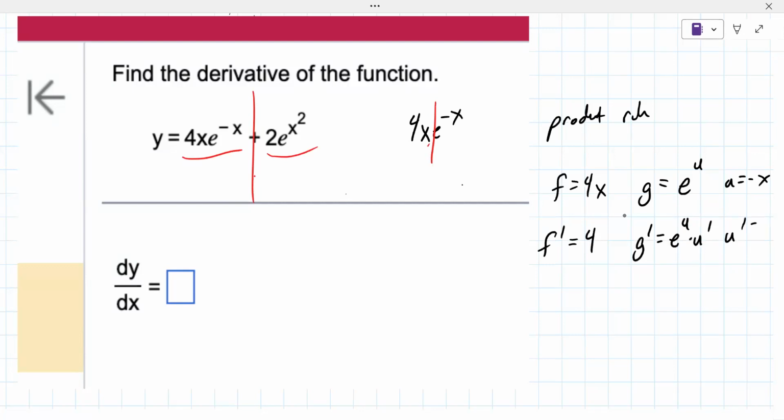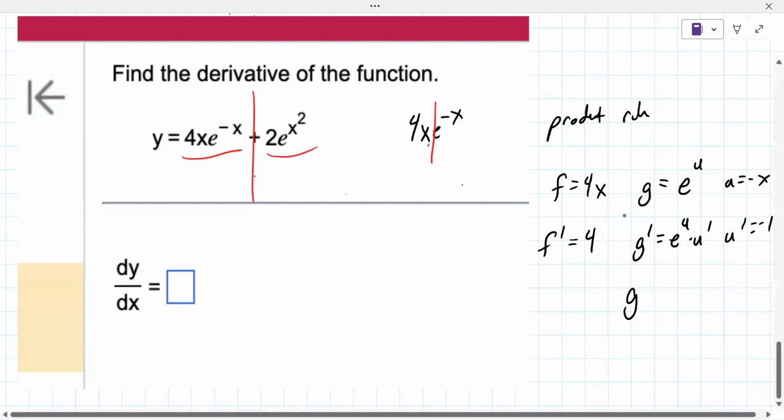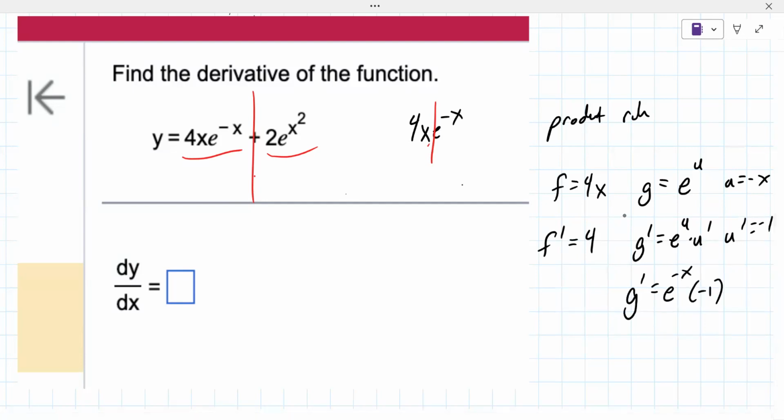And then u prime is -1. So that's where the g prime comes from. It's e to the u, e to the minus x. U prime is -1. So you can simplify it as minus e to the minus x like that.